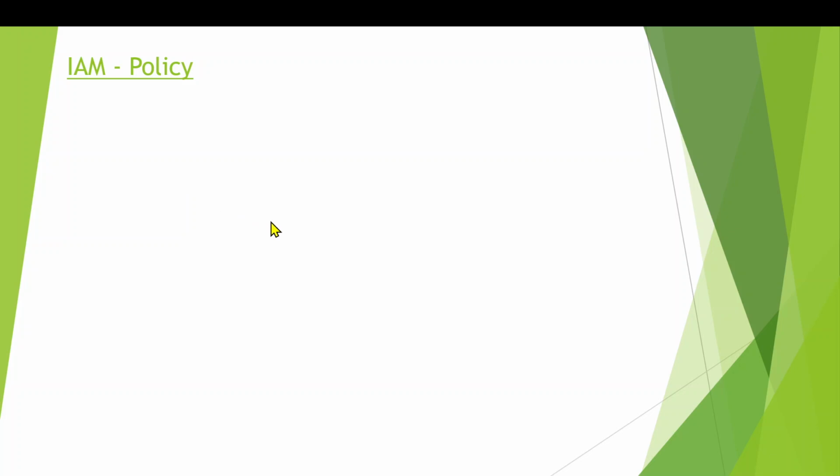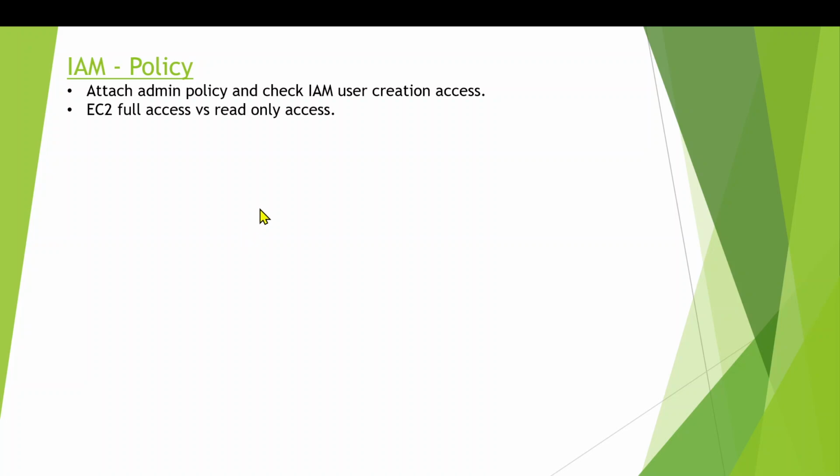In this video we are going to cover attaching an admin policy and checking IAM user creation, like whether we are able to create a user or not after attaching the admin policy. We are going to create EC2 full access versus read only access, and test it.